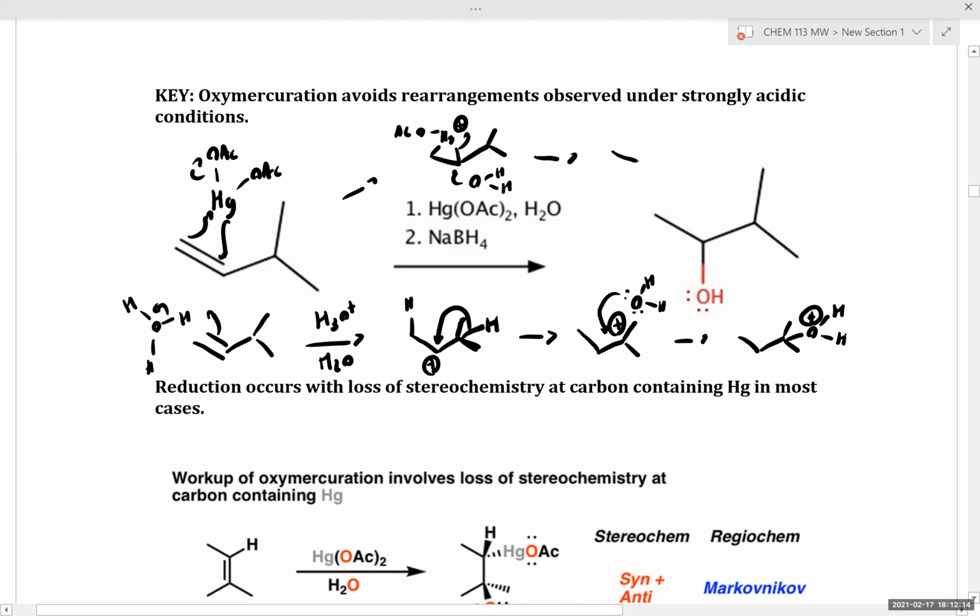Further, it installs your alcohol with some stereo control. So we don't have to worry about any rearrangement issues when we go through oxymercuration. So oxymercuration gives us Markovnikov regio control, addition of our alcohol to the most substituted carbon without the threat of rearrangement. Does that point make sense? Does that unique benefit make sense?